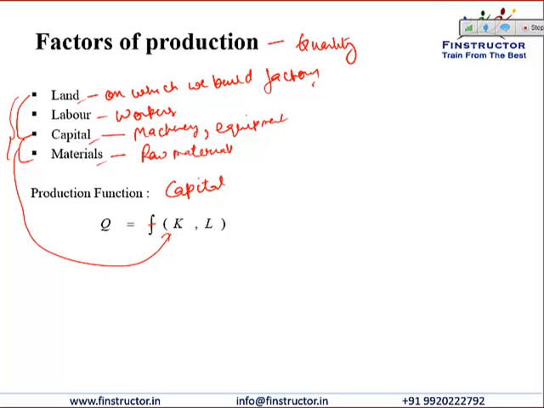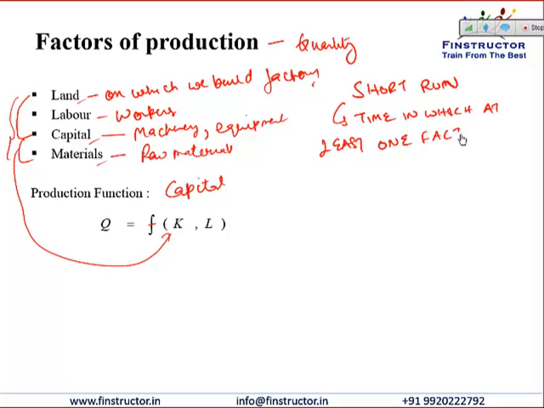In economics, we define short run as a time period in which at least one factor of production is fixed. So at least one of these four factors is fixed. In the long run, everything is variable.